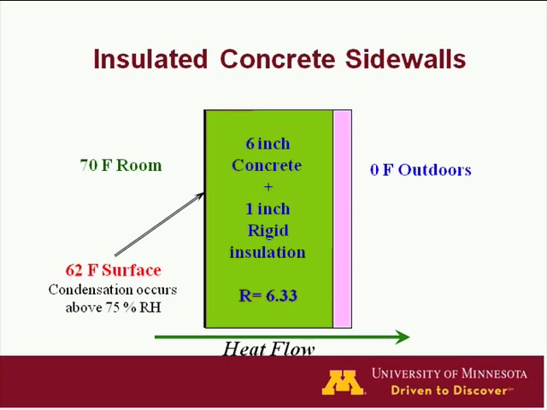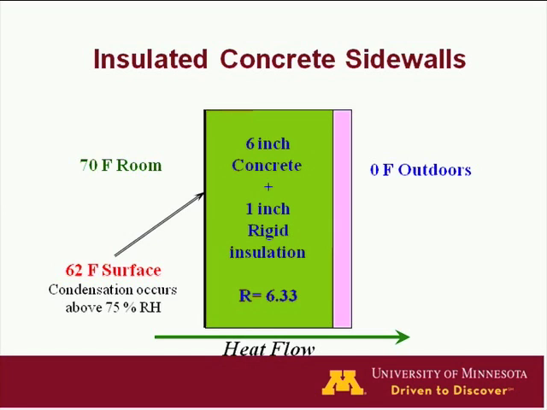If you insulate that knee wall, say with about an inch and a half of foam insulation, and get the R value up to around 6, under the same conditions, the surface temperatures increase very significantly, and you prevent, for the most part, condensation unless you have really humid conditions inside, and of course the heat flow is reduced too.